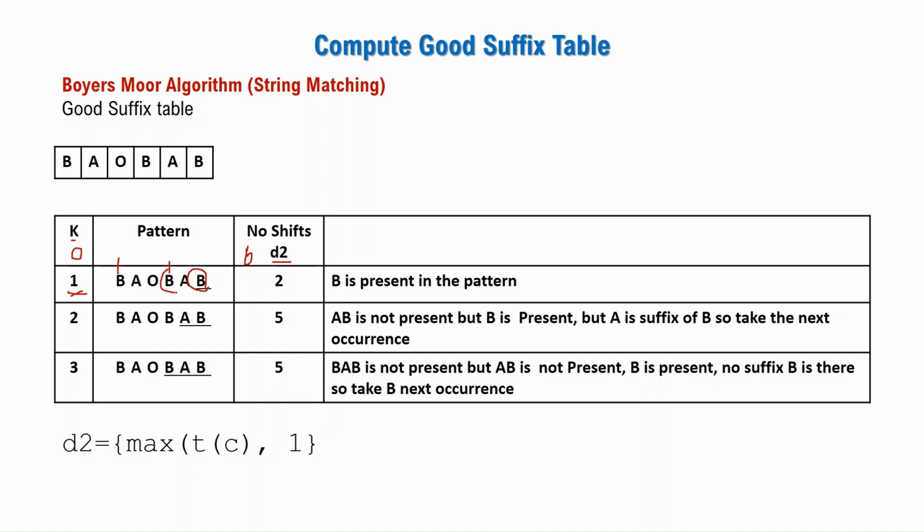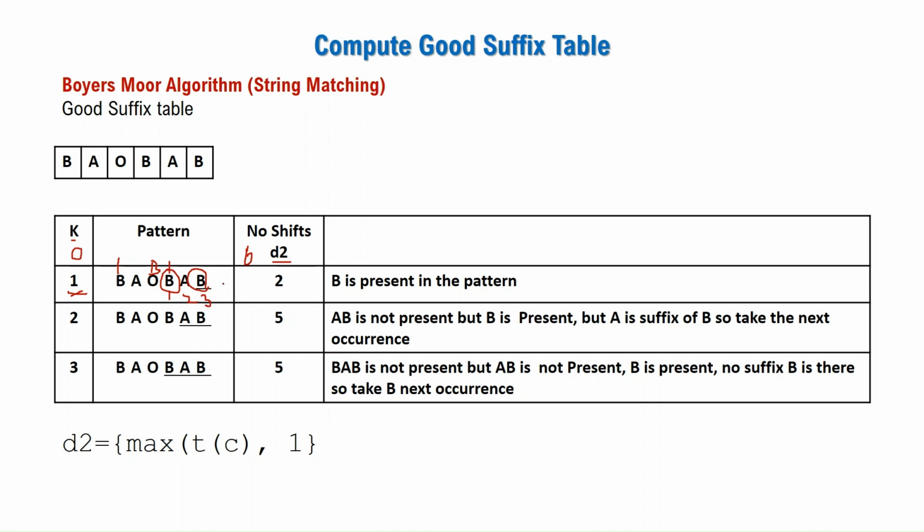This is the least occurrence of B. After B, how many characters do we have? We have 1 and 2. So 2 characters, just write down 2. Suppose this B was in this other position, then you would consider 1, 2 and 3. So the D2 shift value is 2.